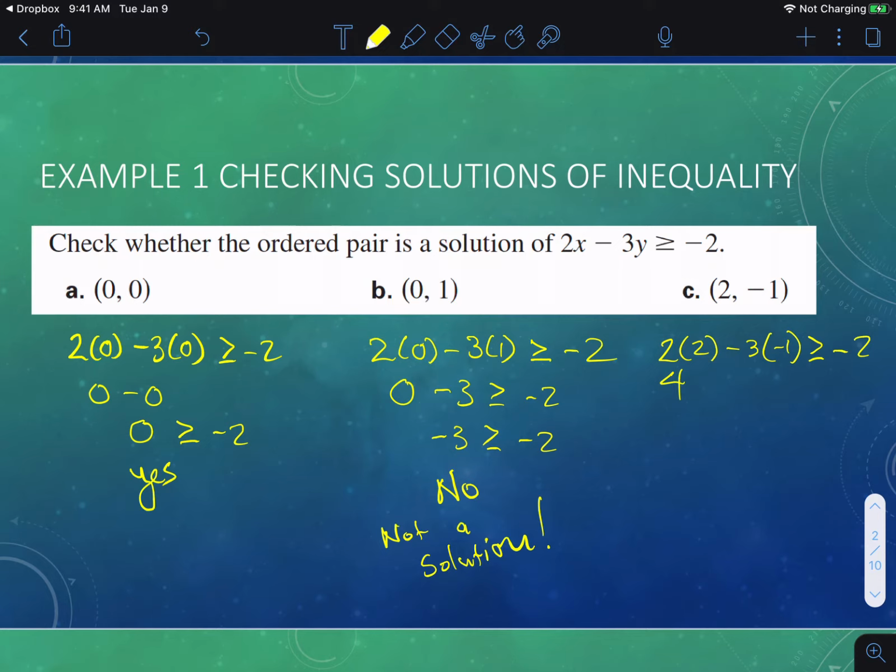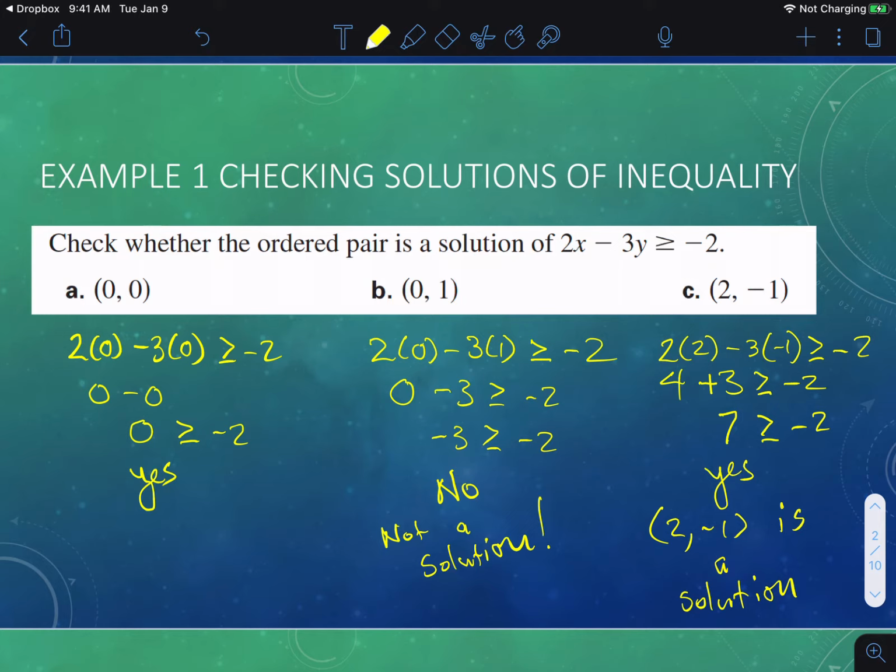Minus negative is going to be plus 3. Well, 4 plus 3 is 7. Is it greater than or equal to negative 2? Yes, it is. And so that is a solution. So (2, negative 1) is a solution.